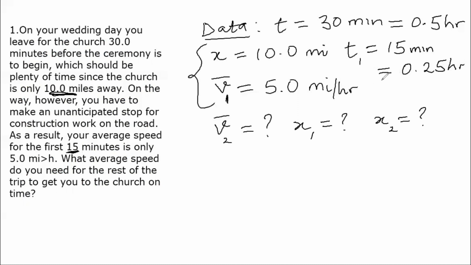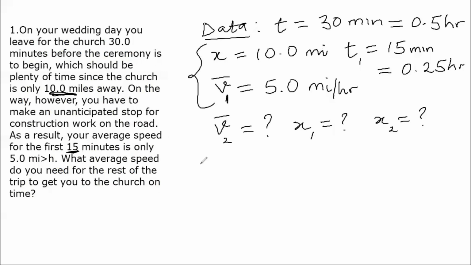So the hours will cancel out, and also the miles will cancel out because the distance has been given in terms of miles. So I don't need to convert anything in this particular case because the units will eventually cancel out.